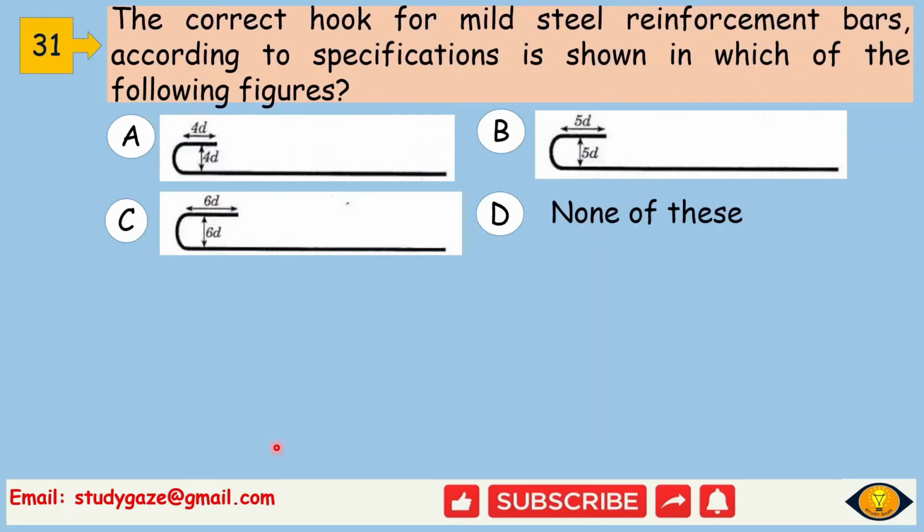Next, the correct hook for mild steel reinforcement bars according to specification is shown in which of the figures? So they have asked about the hook. The correct option is A, that is, this length is 4D and this height is also 4D.